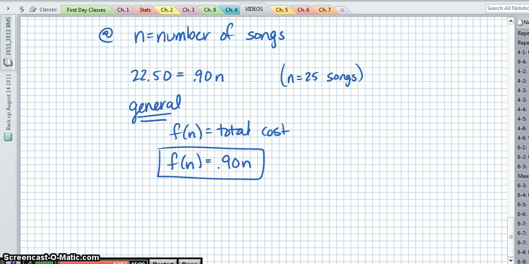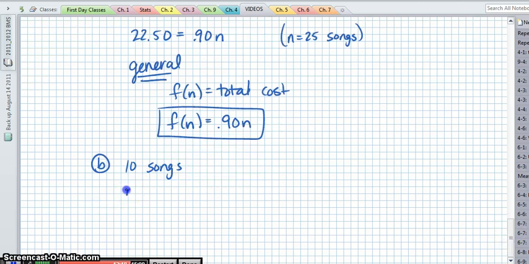So let's say Mariah downloaded 10 songs. How much did she pay? And this should seem familiar. We've done a lot with direct variation, y equals kx. This particular problem happens to be very similar to that. So let's say she downloaded 10 songs. What did she pay? Well, if n is still my number of songs, let's remember that, I'm just going to substitute 10 in for n, and I can say f of 10 equals 90 cents times 10.